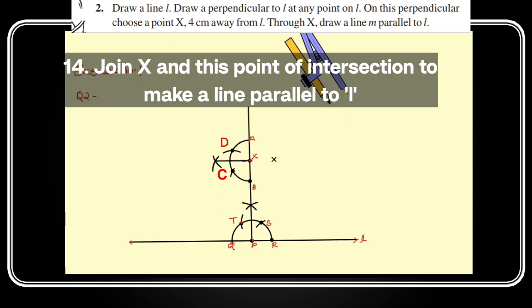Now PX is perpendicular to L and this line is perpendicular to PX. That means the line is parallel to the given line. You can see that both angles are 90 degrees. That means corresponding angles are equal.